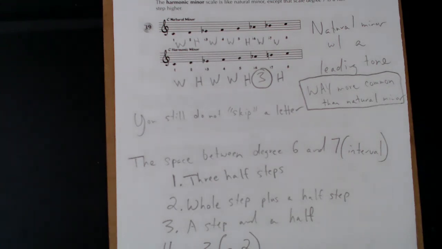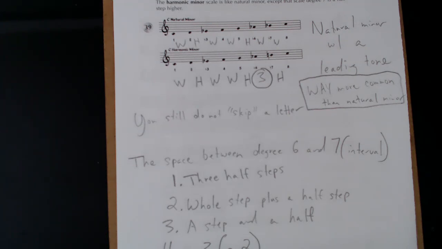So we can say that it is a natural minor scale with a leading tone. It is going to change that one note, and that makes it harmonic. It gives it more harmonic direction. And I'll give you another secret. It is way more common than natural minor.